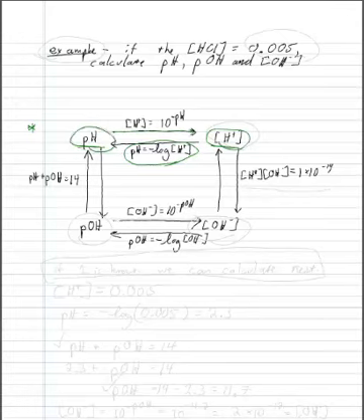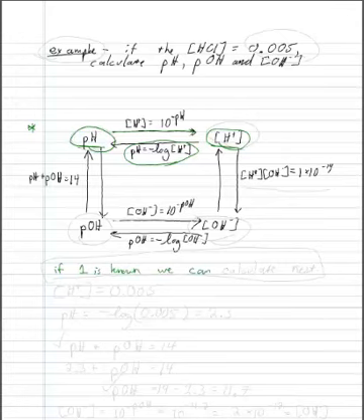Similar to that, you can follow the arrows to find what you want to find. So the purpose of this is if you know one, we can calculate the rest. We can know what all of them are.